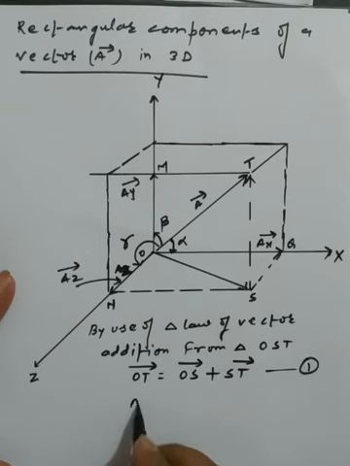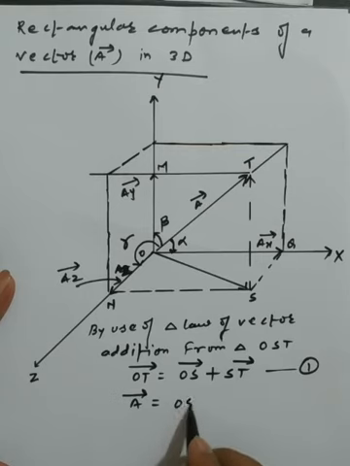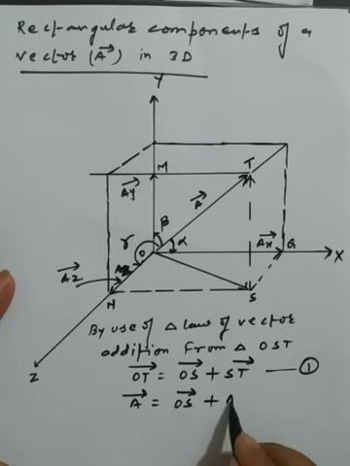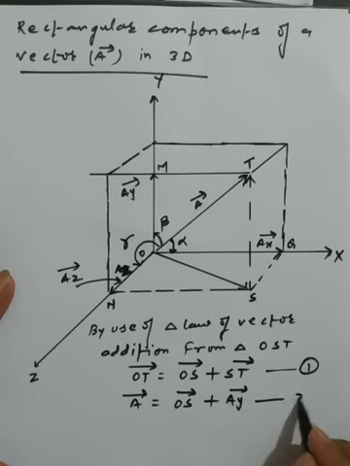OT is simply the vector A. OS is simply the combination of two vectors, which we will still resolve. ST is simply the ay vector. So a little bit of the shape of the equation is coming.